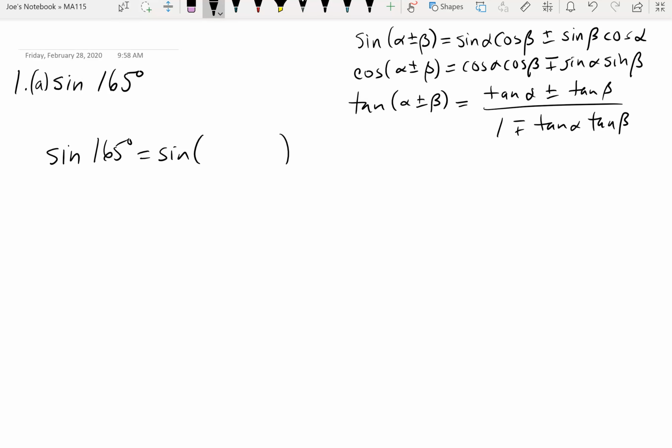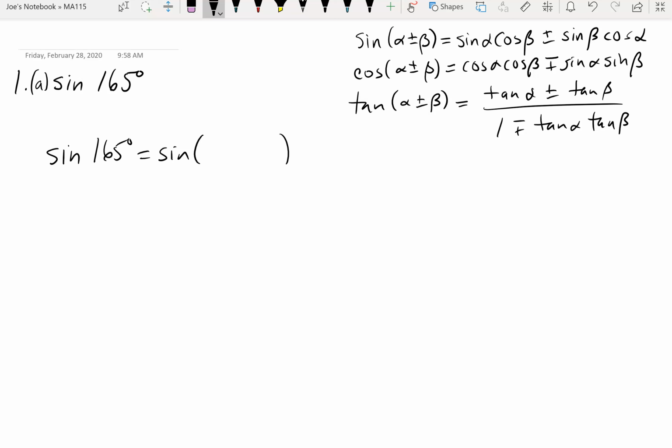Yes? I could do 180 minus 15. The issue is, do I know the sine of 15? Yeah, so 15, you're right. 165 is 180 minus a 15, but I want to make sure I pick angles that I know the sines and cosines of. So one of the big tricks we like to use with this is try to use 45 degrees as one of the angles, because I know sine of 45.